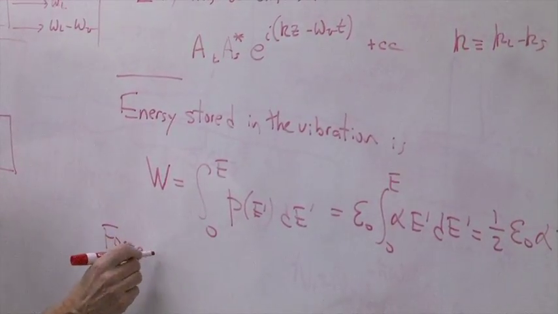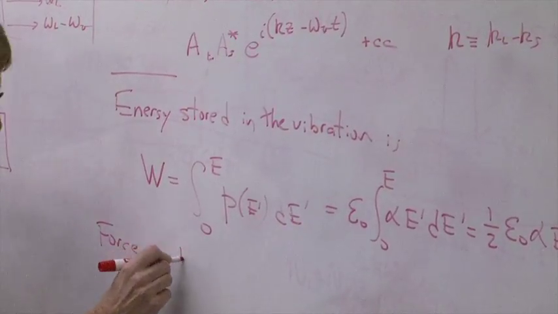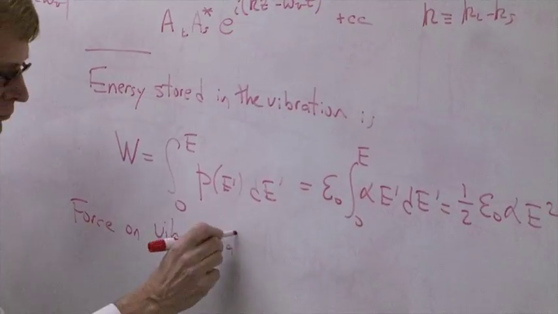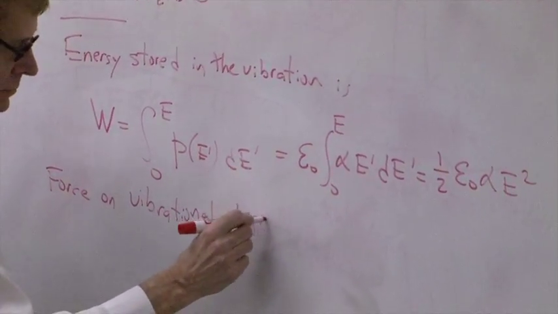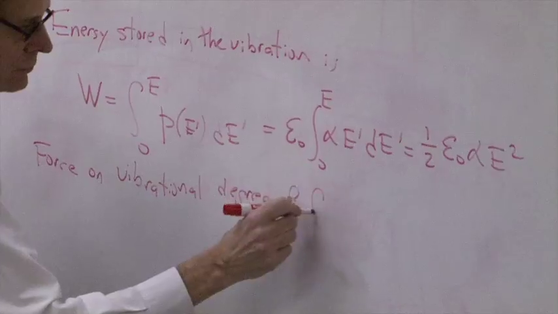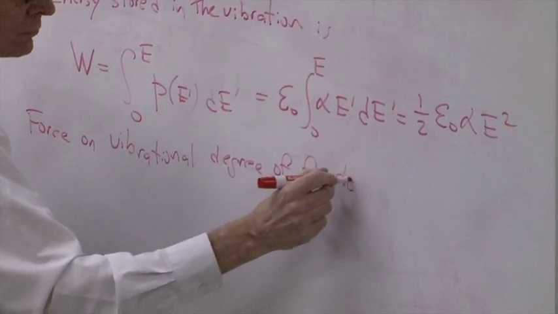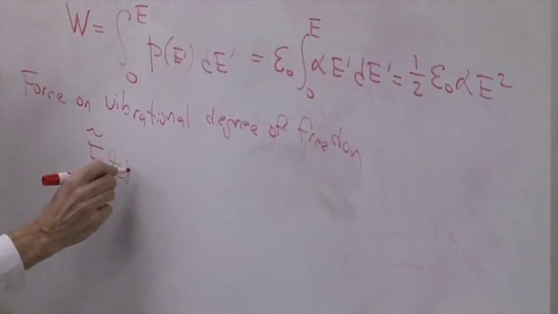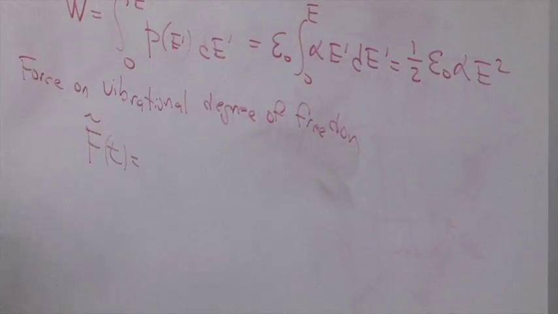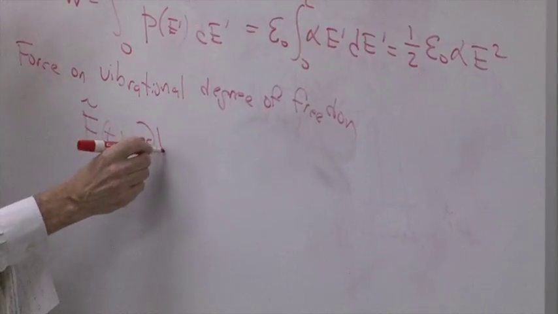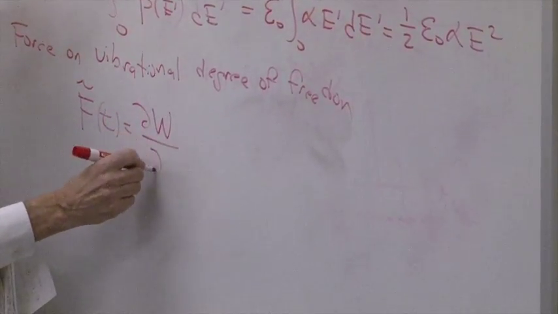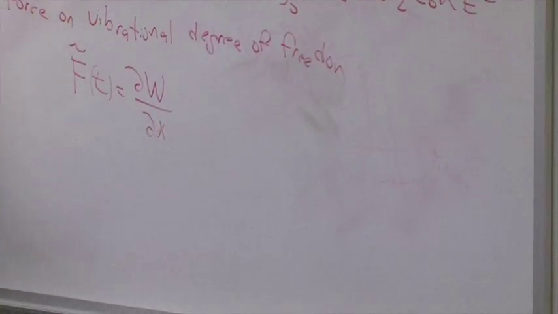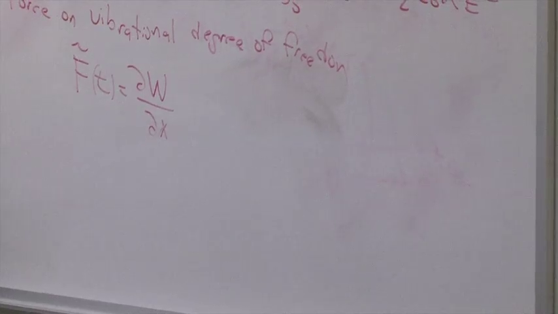So then the force on the vibrational degree of freedom, which we've been calling F of t, is in general the partial derivative of W with respect to X. Principle of virtual work, it's sometimes called.